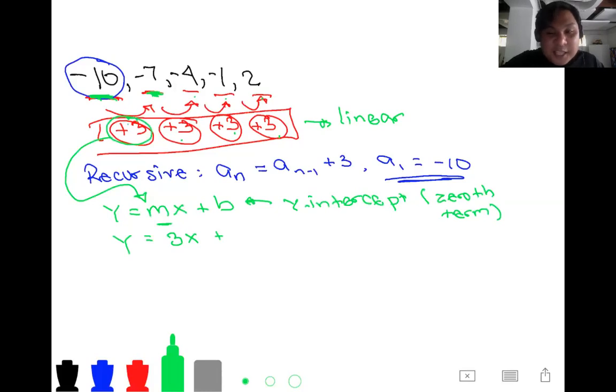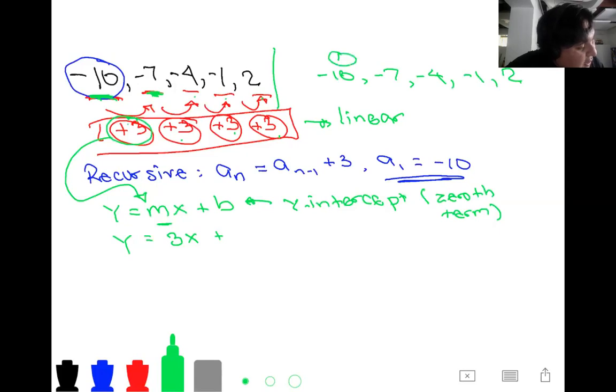Because it is the zeroth term, it should be the term that comes before the first term. So let's recap. The sequence progresses as -10, -7, -4, -1, and then 2. This is the first term, the second, the third, fourth, and fifth.